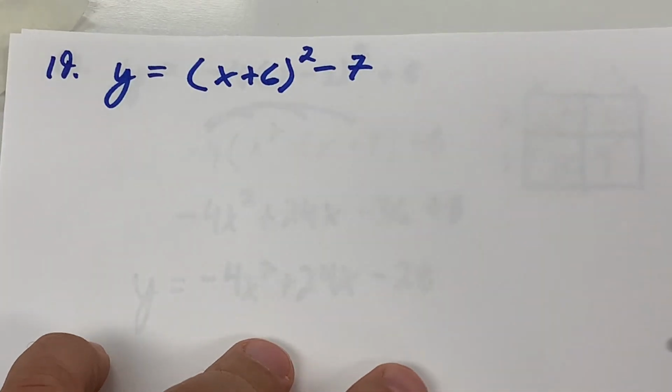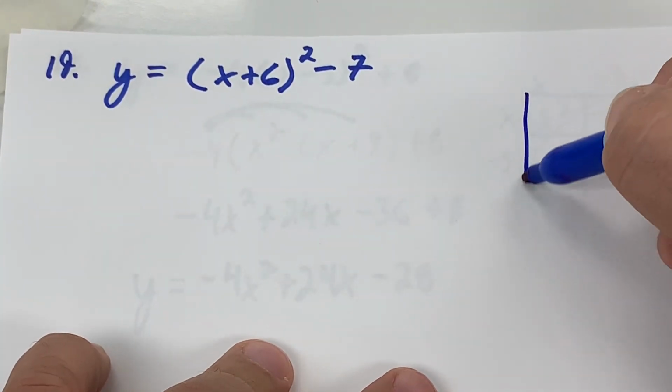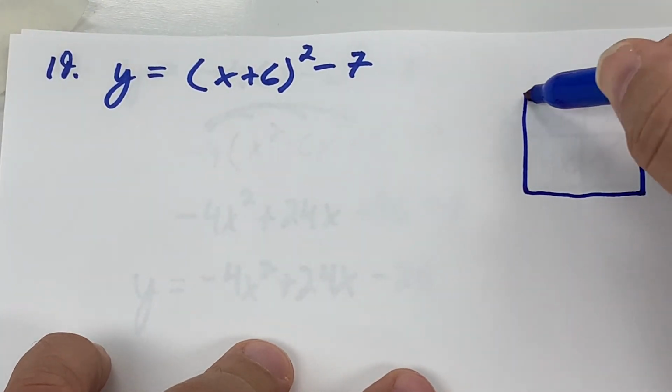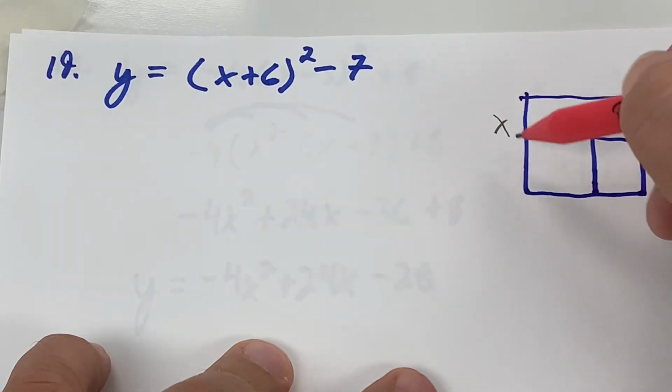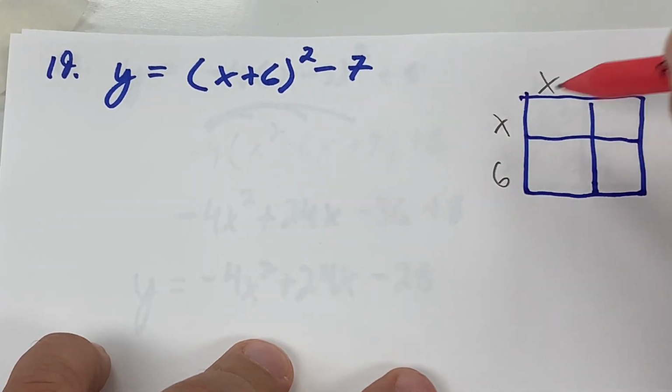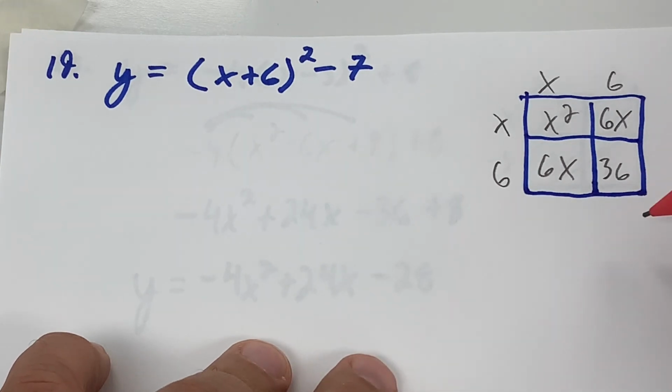Rewriting it in standard form, again, I want to take the x plus 6 and square it. So I'm going to set up a cute little Punnett square. And I want to do x plus 6 times x plus 6. X times x is x squared. X times 6 is 6x. 6 times x is 6x. 6 times 6 is 36. I'm going to CLT, combine like terms.